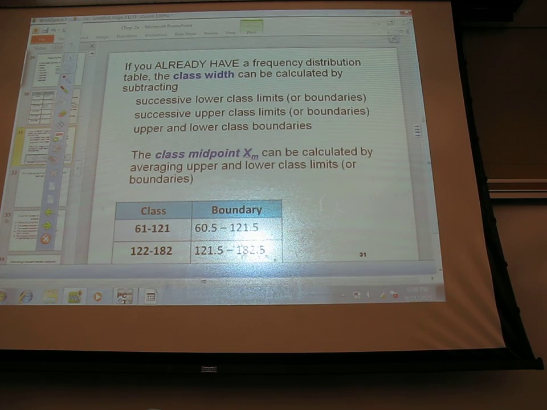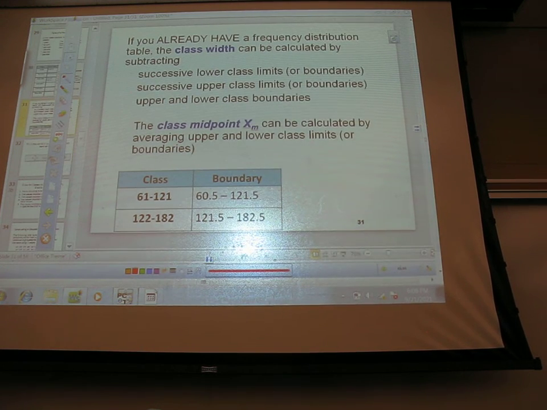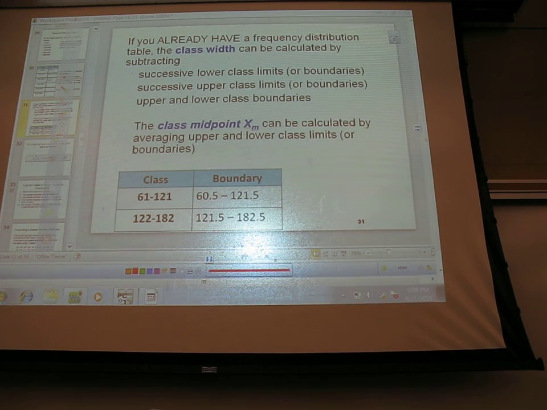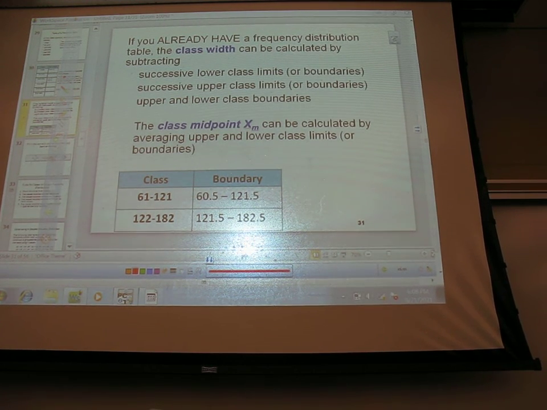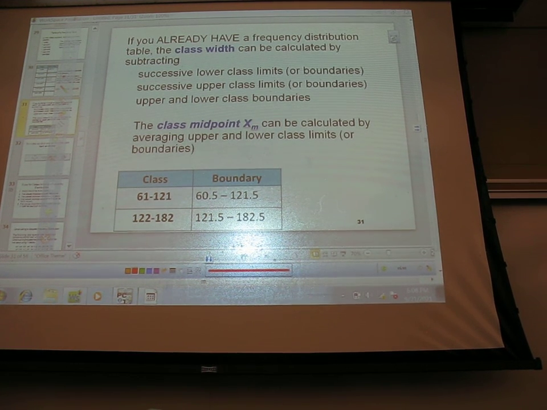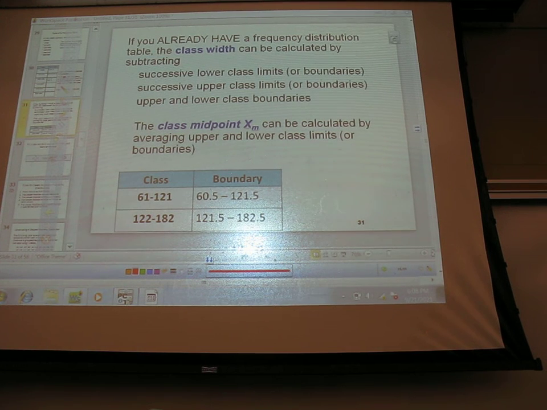Okay, so that's all well and good if you are creating classes and creating boundaries. But what if there's already a distribution table? You didn't make it, someone else made it. Now we're doing the opposite. You aren't making a table, someone else has already made the table, and you're just looking at their table. You can find the class width that they used the following way.